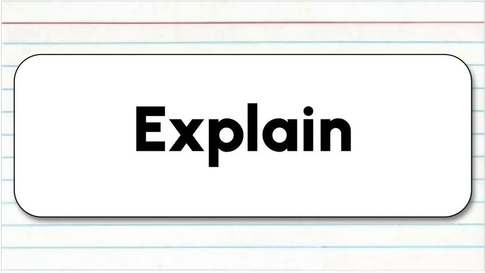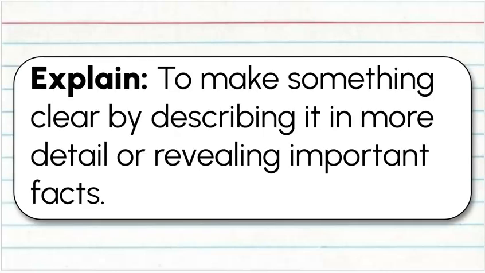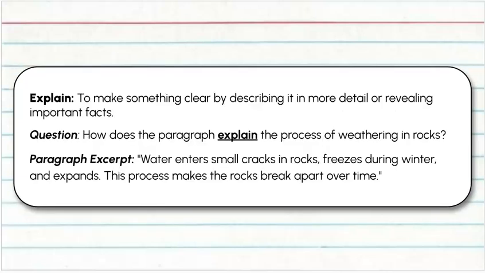Next, you may be asked to explain. When asked to explain, they want you to make something clear by describing it in more detail or revealing important facts, which means you have to find them. Your question may say, how does the paragraph explain the process of weathering in rocks? In the text, it said water enters small cracks in rocks, freezes during winter, and expands.